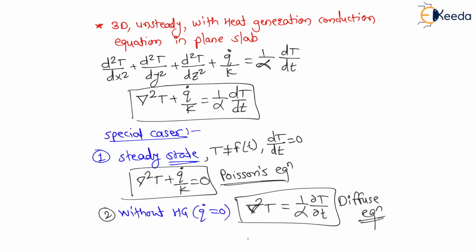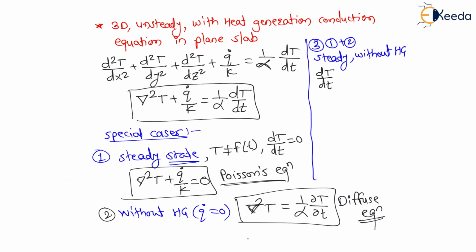Now, my dear students, the third special case is nothing but steady without heat generation. Third special case is case number 1 plus case number 2. That is, it is steady as well as without heat generation. The meaning of steady is change in temperature with respect to time is 0. Right? Temperature is not a function of time.